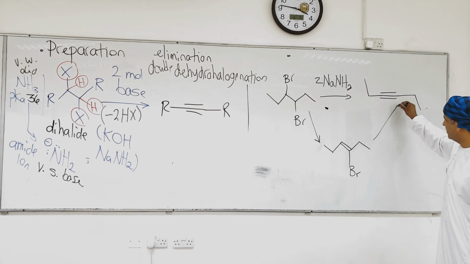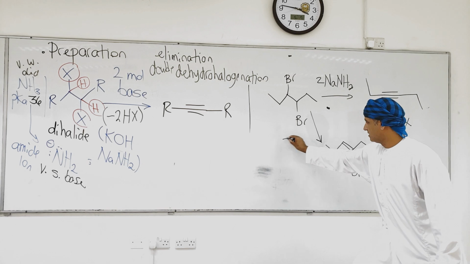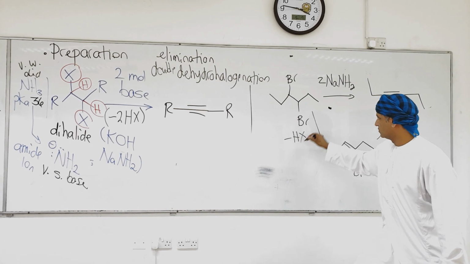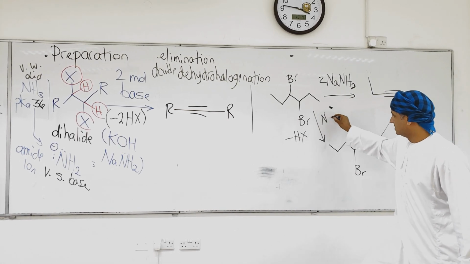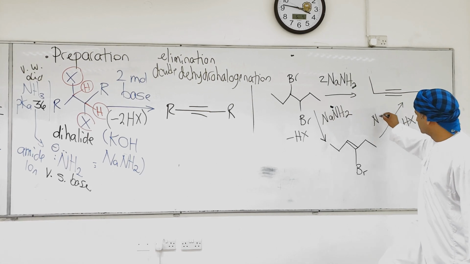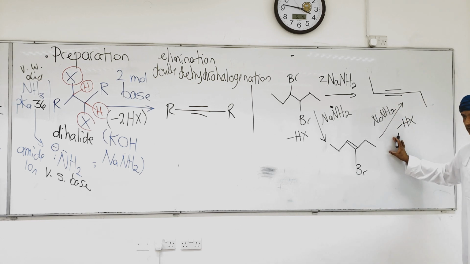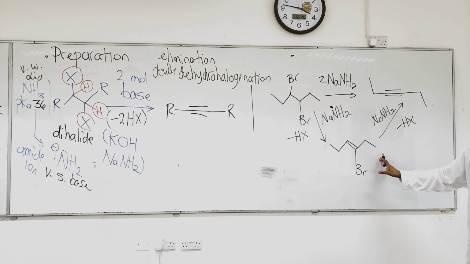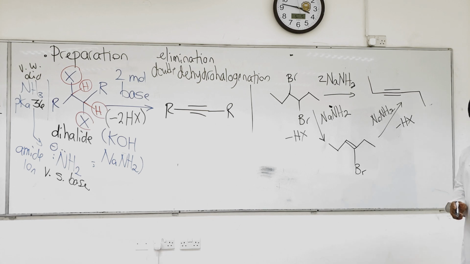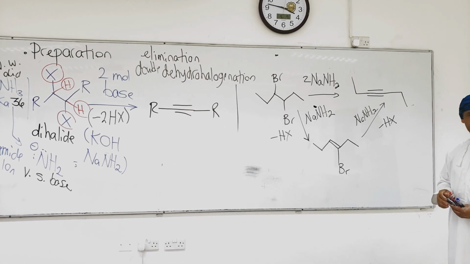So here is minus HX, okay, and this is minus the first HX, of course. 1 mole of sodium amide is used here, and the second mole is used here in the second step, if you like. This kind of intermediate contains a carbon-carbon double bond and X, in general, a bromo group in this case, yeah?